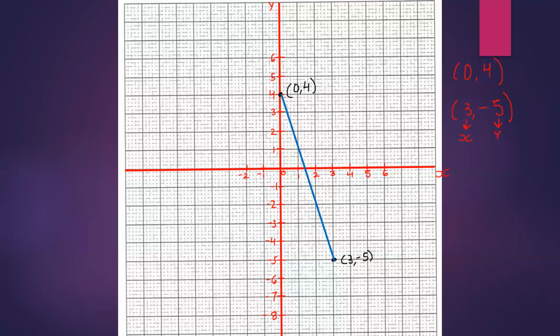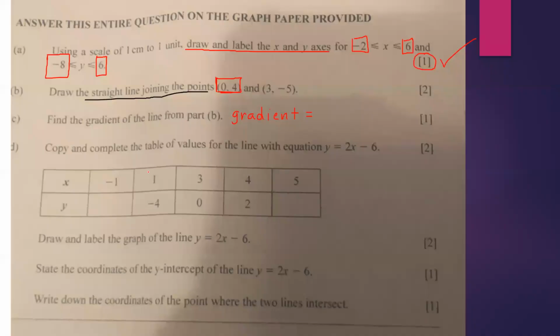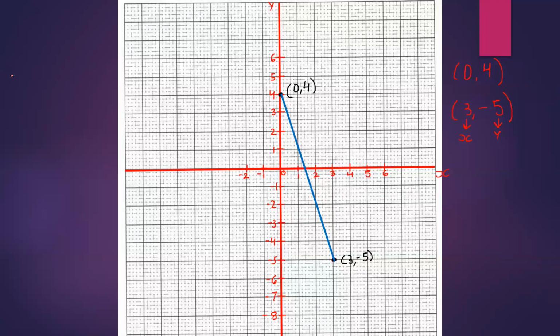But we have the graph, so you don't need to go that way. We're trying to find the gradient of the line from part B, right? The same line that we drew, right? So we already know how to do that, remember? We have the graph, so you don't have to use the formula.